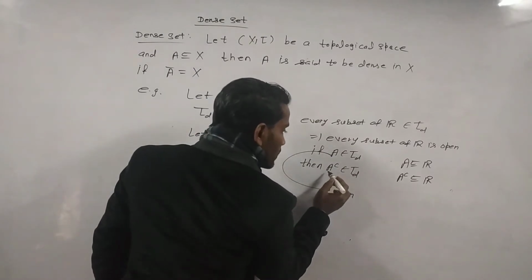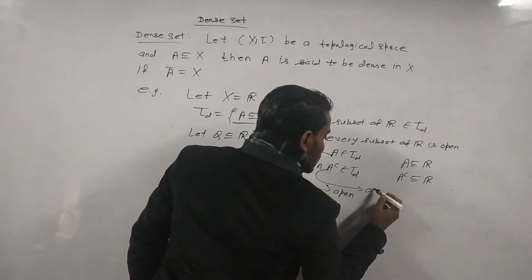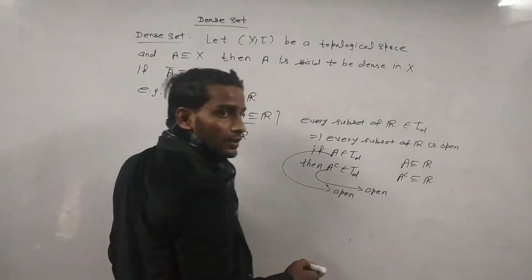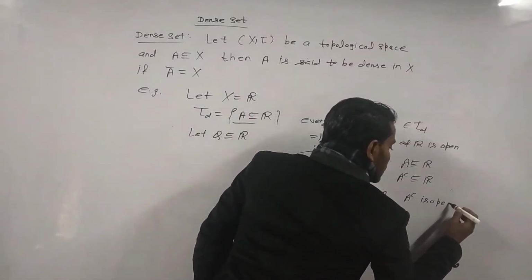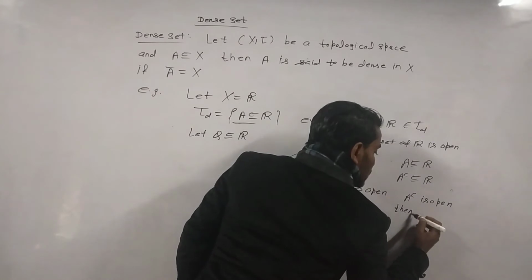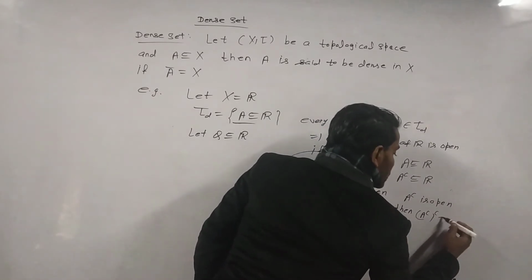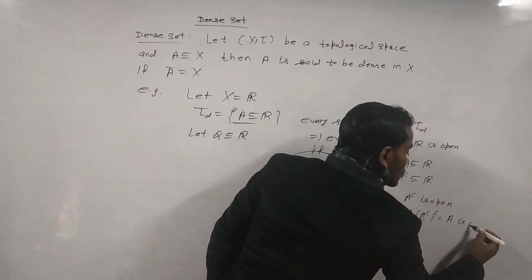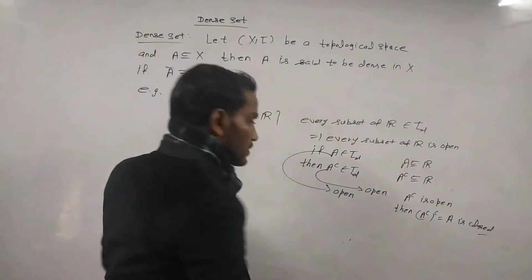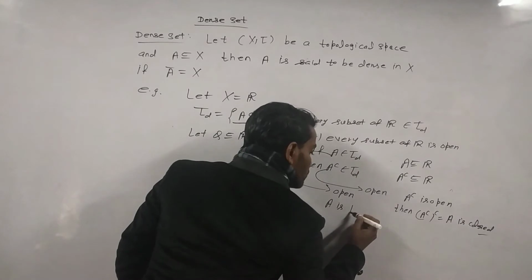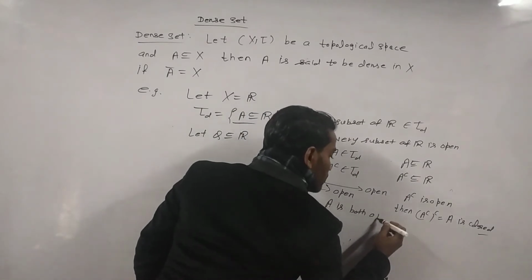If A complement belongs to tau D, this means A complement is open. If A complement is open, then the complement of the complement, this means A is closed. This means A is both open and closed.